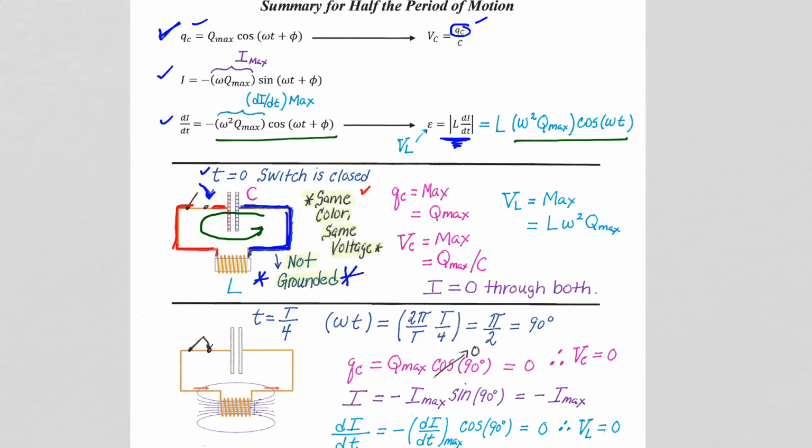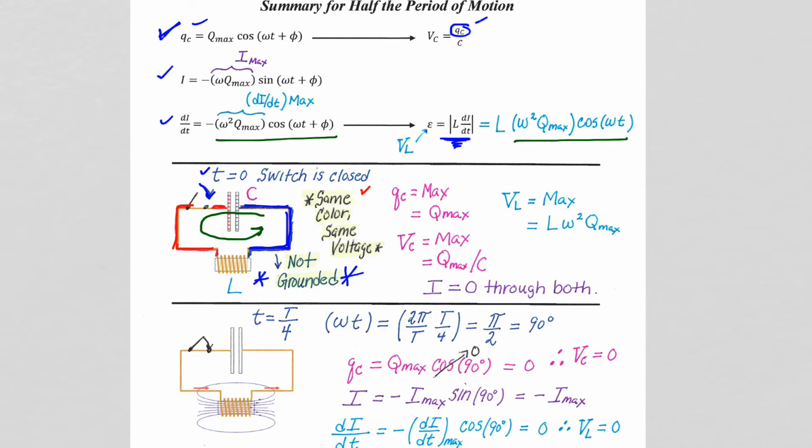So you don't want to think of it as we were thinking of our old circuits, but we do need to know that the capacitor and the inductor will always have the same voltage across them, and they will always share the same current.